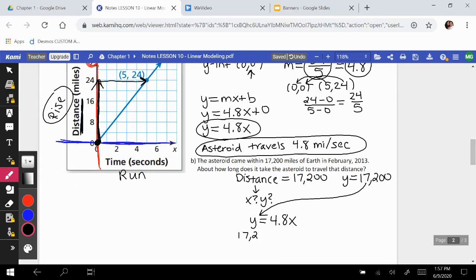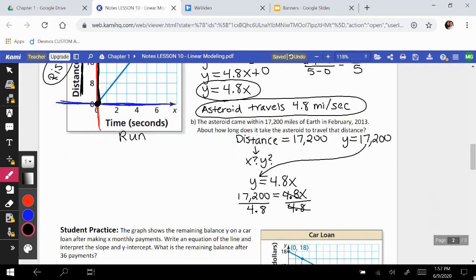Okay, what would I do to get x by itself? I'm going to divide both sides by 4.8. Okay, and x would be approximately what? Go ahead and just give me a rounded answer to the nearest second. 17,200 divided by 4.8. We get 3,583.3 repeating. So I'm just going to round down to 3,583. Remember, that's seconds.